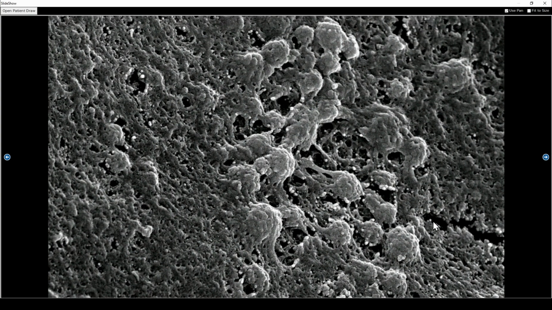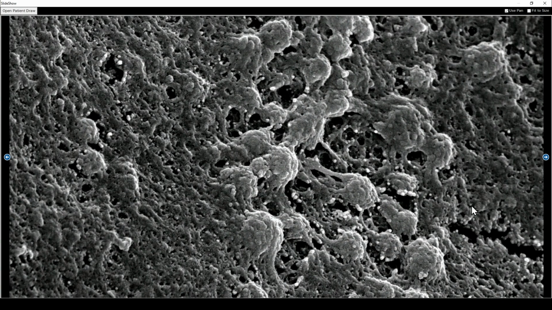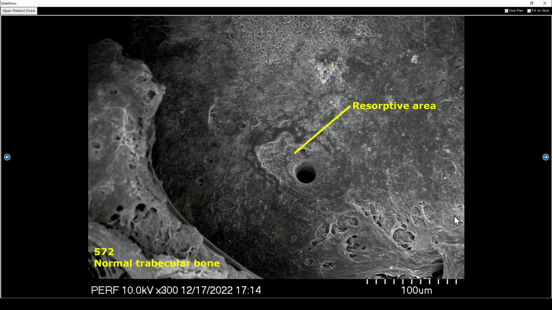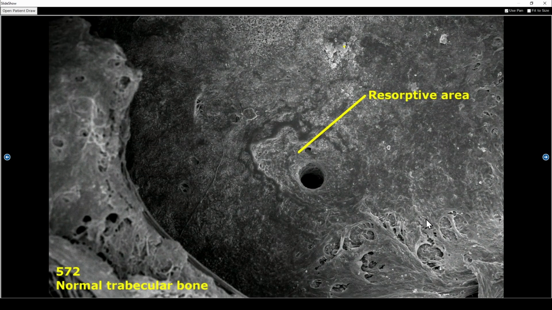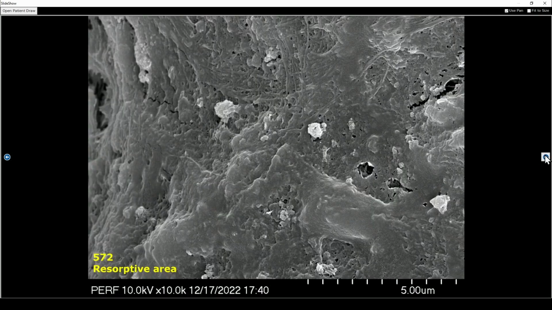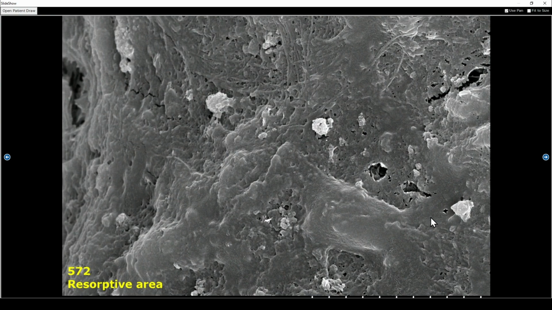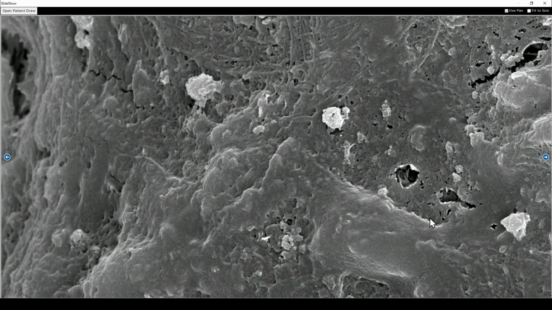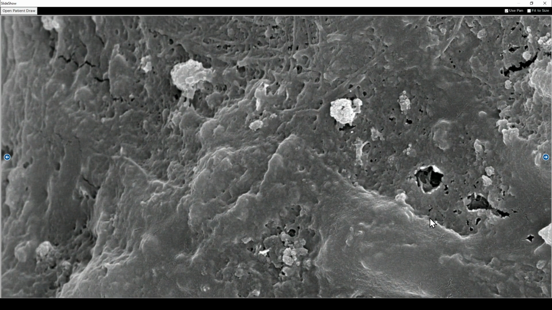This looks like an area where Sharpey's fibers were attached to the periodontal ligament. And in certain areas, there are some resorptive areas, so you get a better sense of what normal bone looks like. You can see calcified bone there, as well as resorbing bone with its collagen matrix in various stages of resorption and deposition.